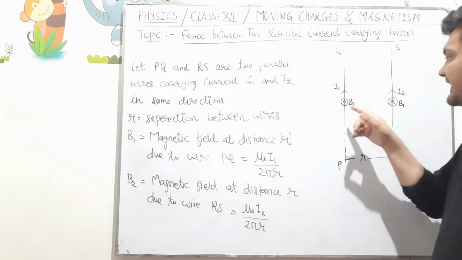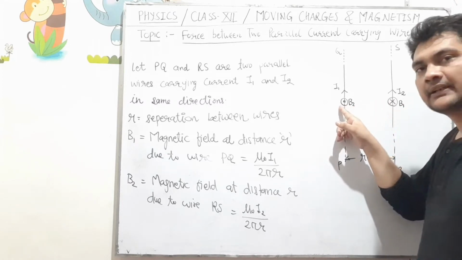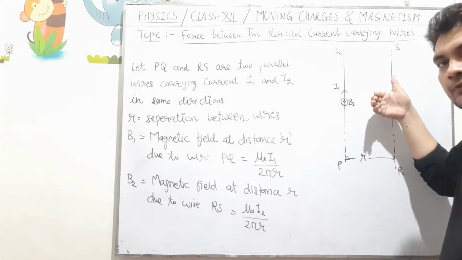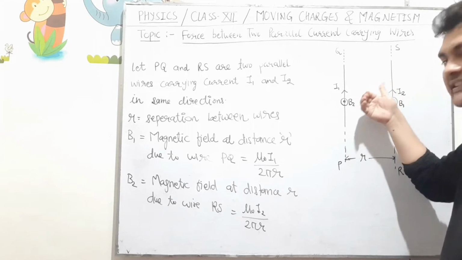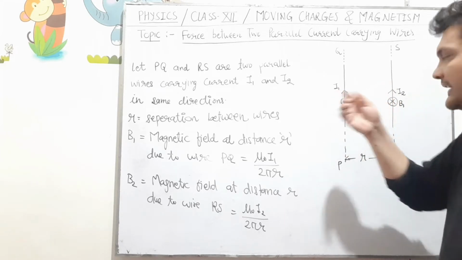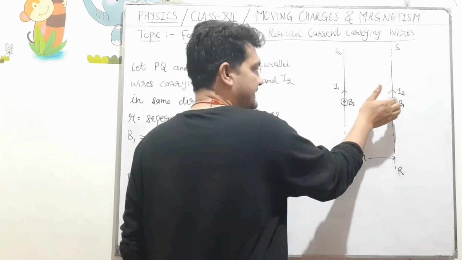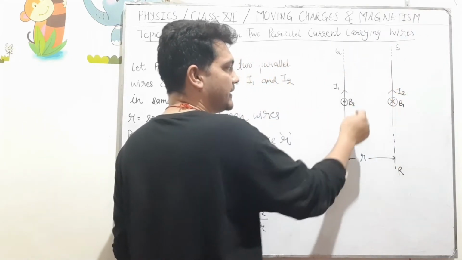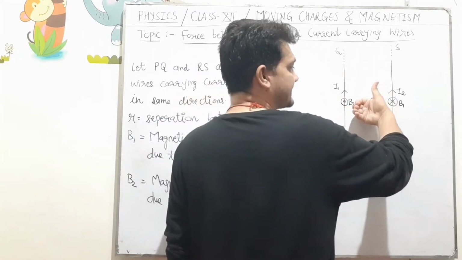The direction of the magnetic field at this point is outward using the right hand thumb rule. If we put the thumb in the direction of current, then the curled fingers give the direction of magnetic field lines. So here B2 is outward and B1 is inward, because B1 is the magnetic field due to wire PQ and B2 is due to wire RS.